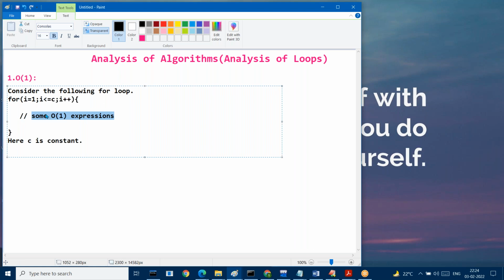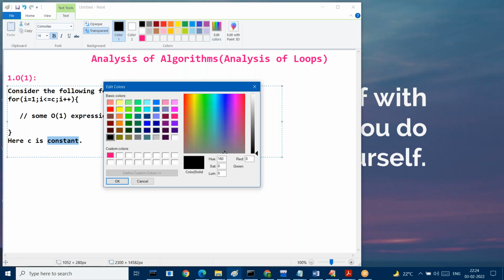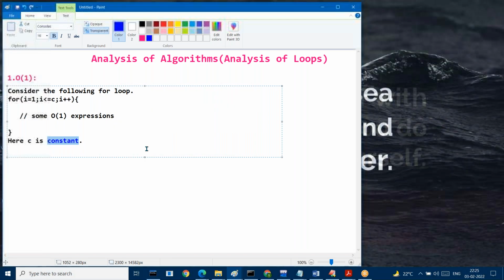One time, big O of 1. So let us assume this is the loop where the body has complexity of order of 1, and the loop condition checking, here c is constant. This is important. By mistake, if you thought c is a variable, complexity will not become order of 1. So that's why c is constant is very, very important.